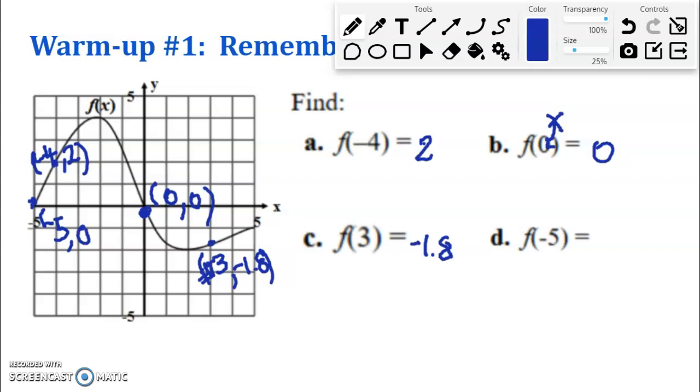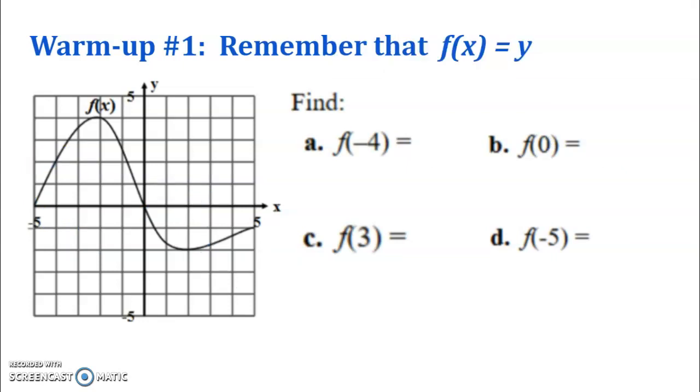The vertical position is 0. Which tells me that when x was negative 5, the output was 0. So that's what you should have. Alright, let's move on to the next slide.